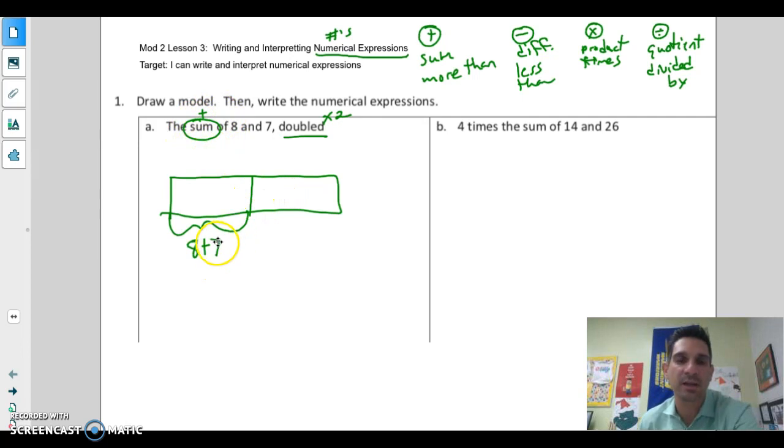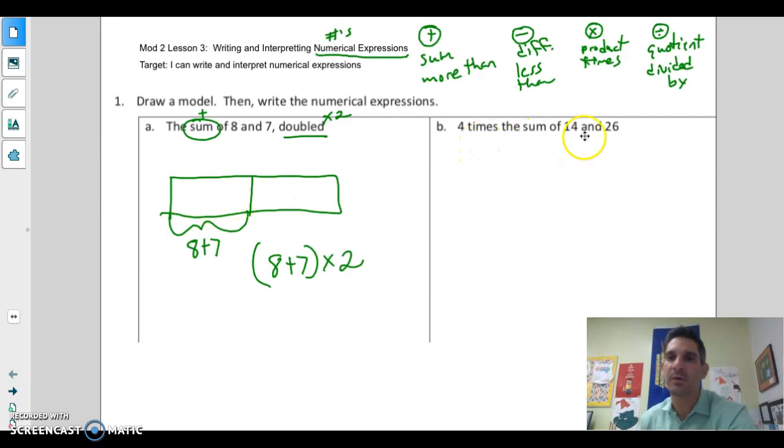So if I want to write that as a numerical expression, I'm going to write 8 plus 7 in parentheses, times 2. Okay, I'm not solving, so don't tell me the answer is 30. I don't want that. Okay? Double it, times it by 2.